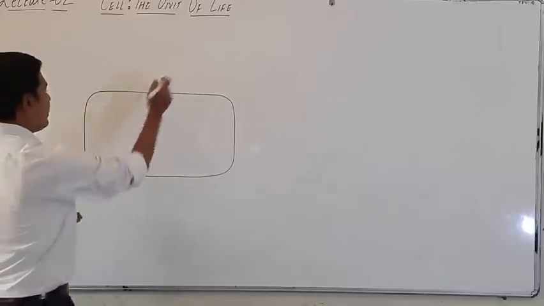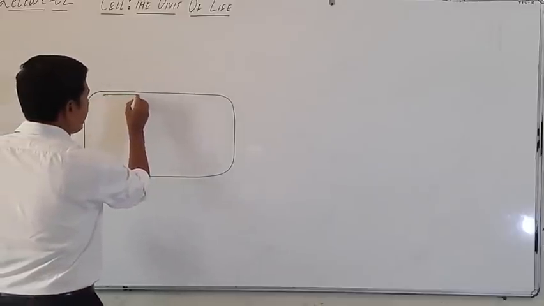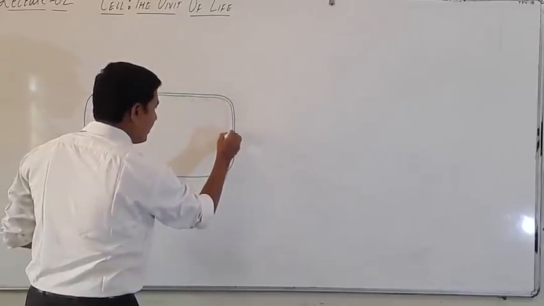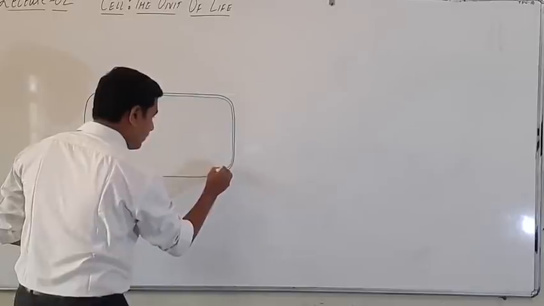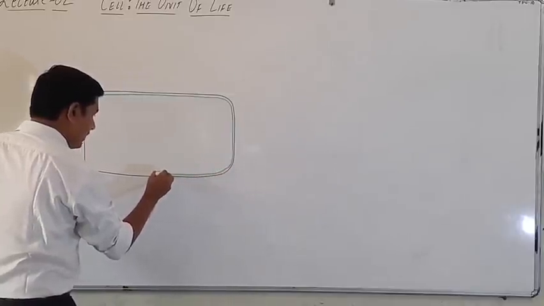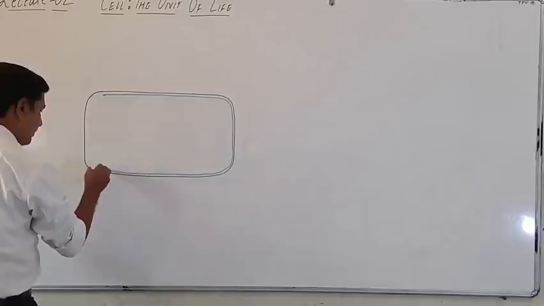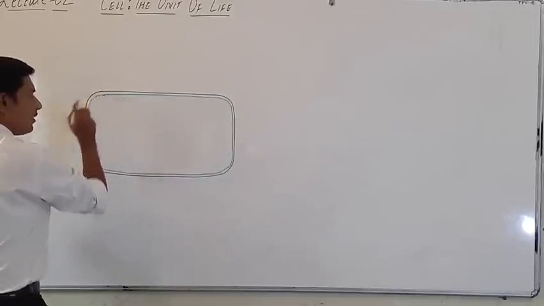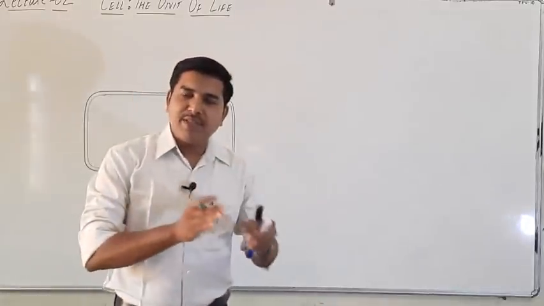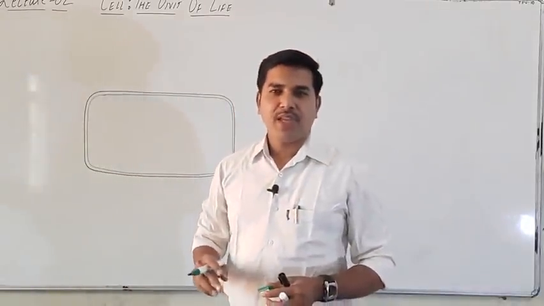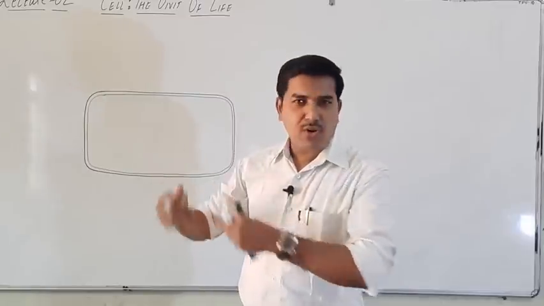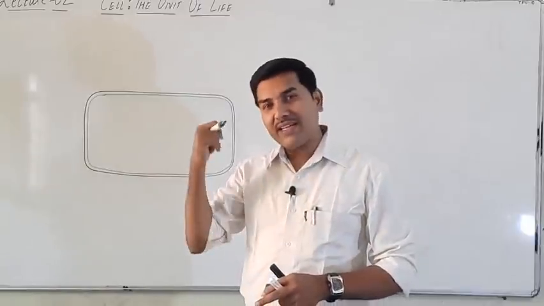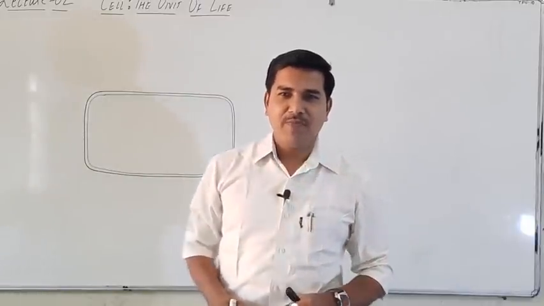Then below this we have one more layer, the cell wall. The second layer is the cell wall. Now this diagram is not particularly given in the NCERT, so better draw the diagram, because the entire explanation is given, and that entire explanation depends on this diagram only.